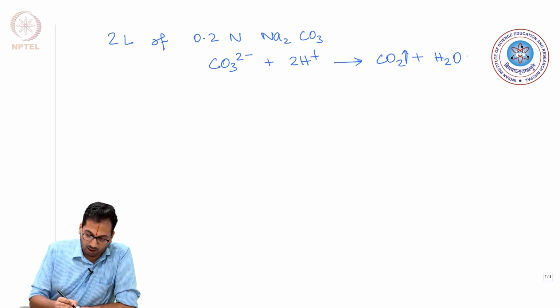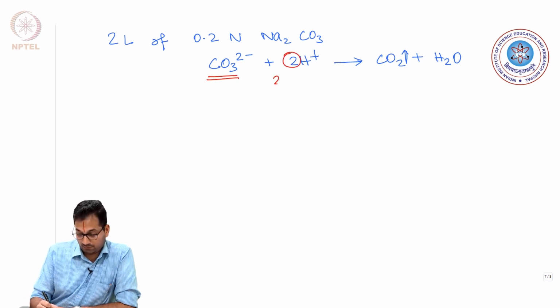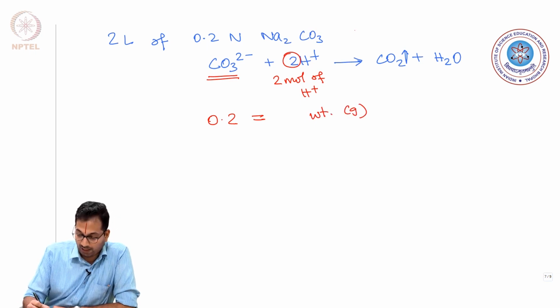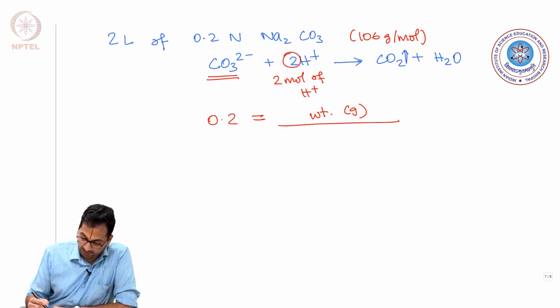So, now the question is, how do you prepare 0.2 normal of 2 liters? One is able to understand quite clearly, since carbonate is taking 2 equivalents, the number of equivalents of the carbonate is going to be given by 1/2. So, the normality is already given as 0.2, which is going to be equal to the weight in grams. We need to understand how much sodium carbonate to add. I am sure from the last lecture we remember the molecular weight of sodium carbonate is 106 grams per mole, divided by the number of equivalents.